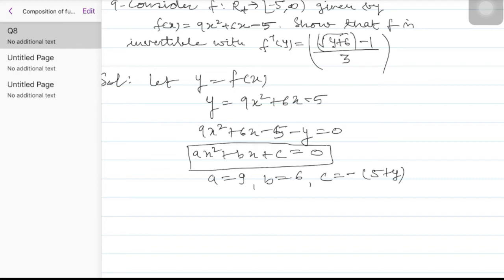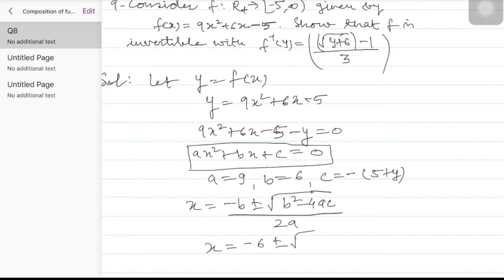Applying the quadratic formula, we'll get x is equal to minus b plus or minus under the root b square minus 4ac divided by 2a. So x will be equal to minus 6 plus minus under the root, the square of 6 is 36, minus 4, a is 9, c is minus of 5 plus y.